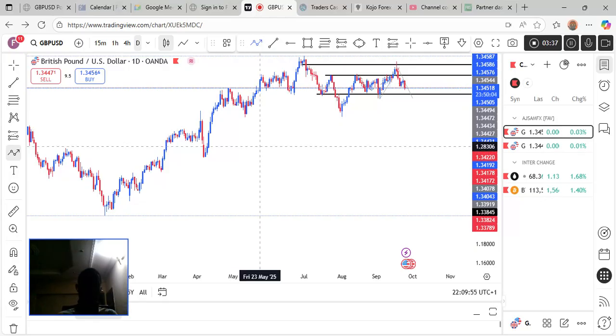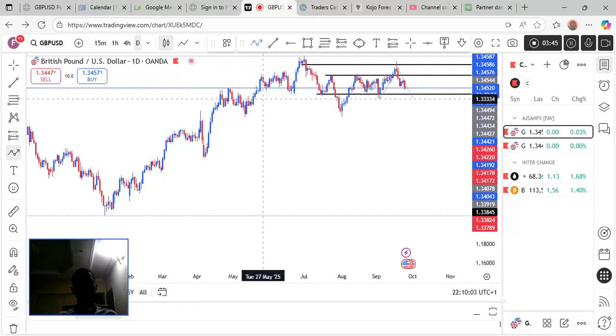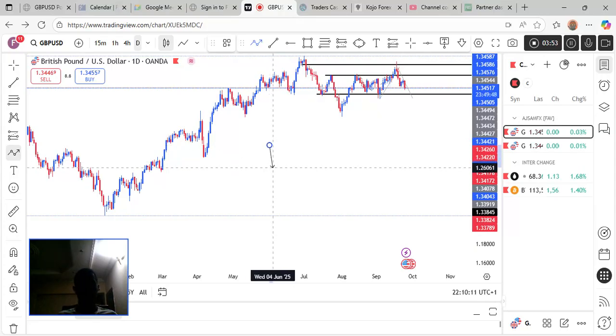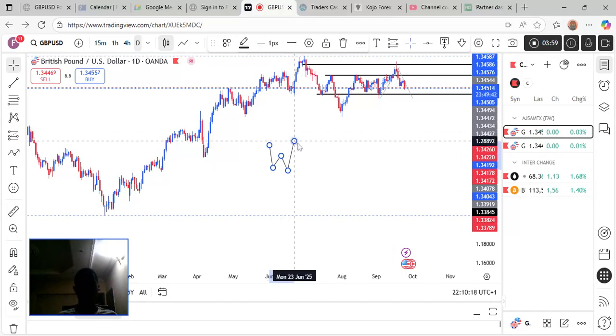So the three patterns that you need to observe, reversal patterns or continuation patterns, are for an uptrend like this. You want to basically focus on these three patterns for an uptrend. You want to focus on the W pattern, or we call it double bottom. You want to focus on this kind of pattern.